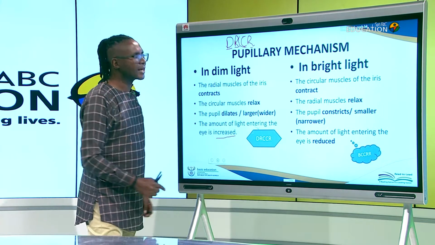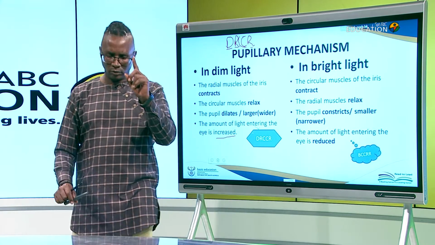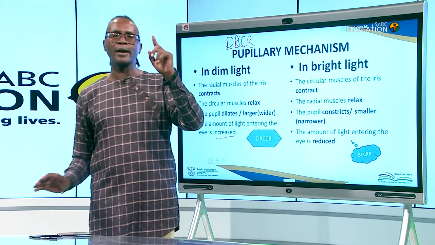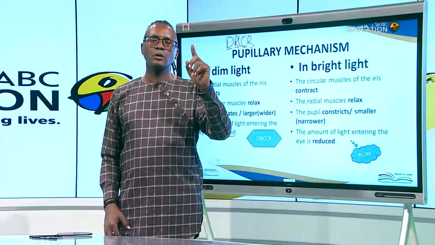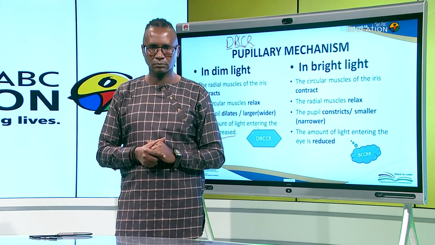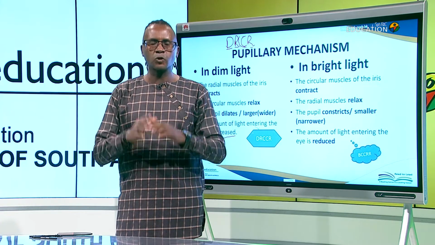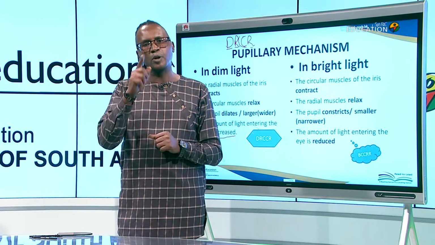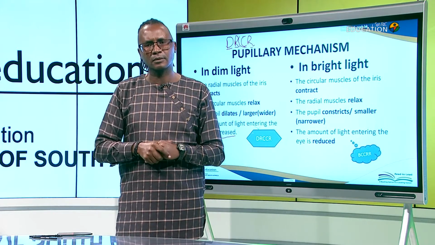Now, I said only one scenario you need to know. What happens to the pupil during dim light? During the night, there is no sufficient light. So the pupil needs to dilate.